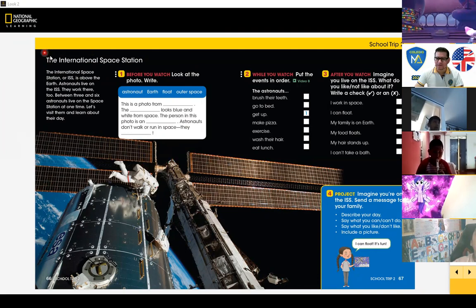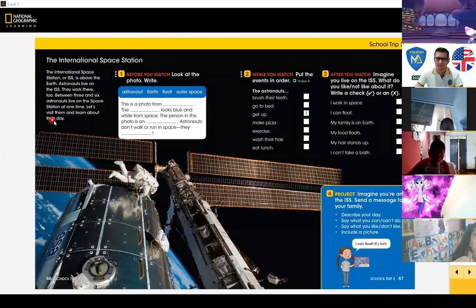Here it says the International Space Station. The International Space Station, or ISS, is above the Earth. Astronauts live on the ISS. They work there too. Between 3 and 6 astronauts live on the space station at one time. Let's visit them and learn about their day.